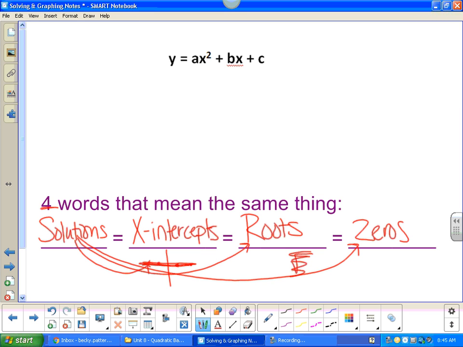And technically they're called zeros because when you get a solution, you're setting the function equal to 0 and you're solving it. So all 4 of these words you need to be able to know are completely interchangeable. If I say, find me the zeros, you need to know that that means I need to solve it. If I say, find me the x-intercepts, you need to know that means you need to solve it. If I say, find me his roots, you need to know that means you need to solve it. Okay?